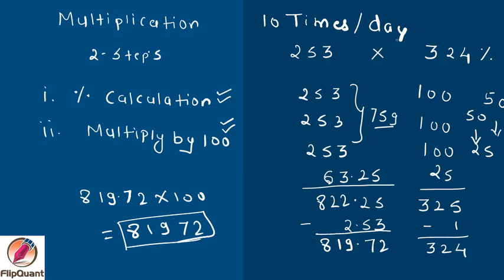Multiplication, again you are going to improve in addition, percentage and multiplication when you just practice the multiplication. So first you are going to improve your addition, then your percentage calculation and multiplication.